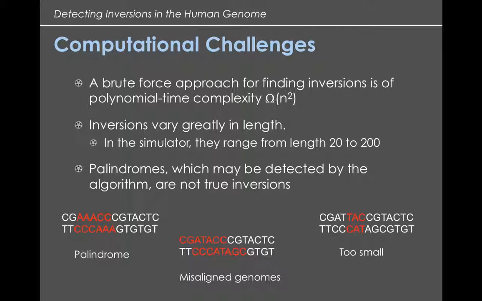And inversions vary greatly in length. In the simulator, we have a smaller range than reality: a length of 20 to 200. However, another problem is palindromes might be detected by our algorithm because those are the same in both directions, but they are not true inversions because they are exactly the same in the reference and the donor.